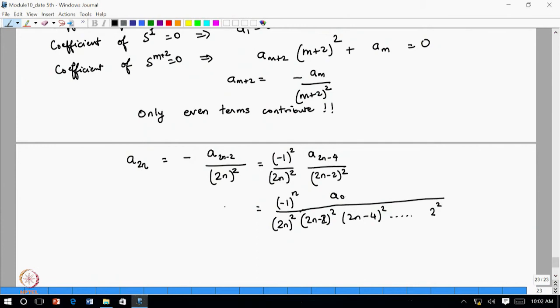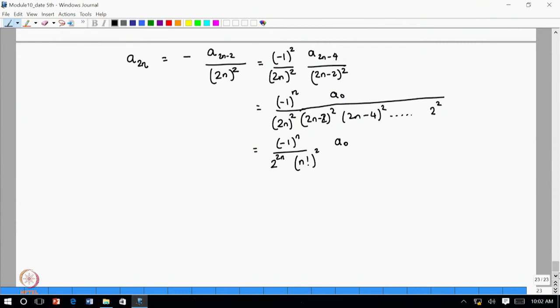So, I can write a 2n in this form. And I can write this as minus 1 raised to n divided by 2 raised to 2n into n factorial square. So, n factorial, because I have n minus 1, n minus 2 and so on. So, I take the 2 common and I can write it in this form times a 0.